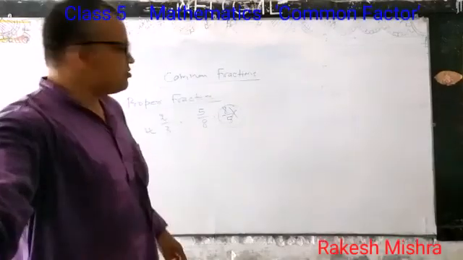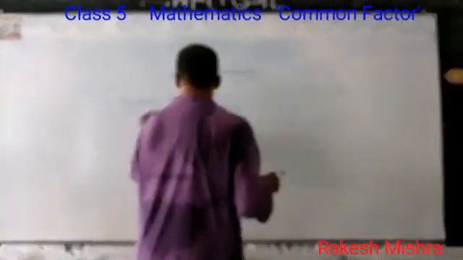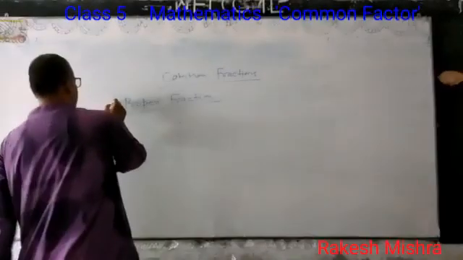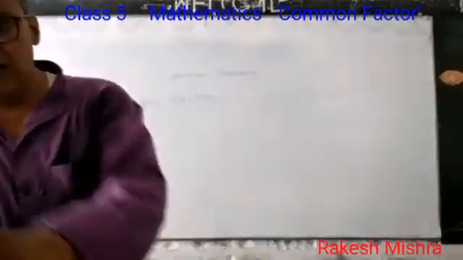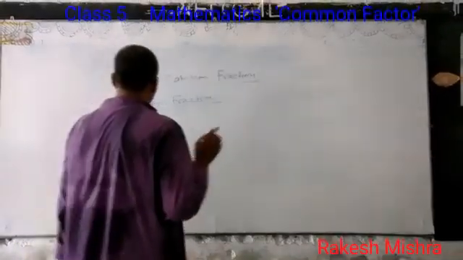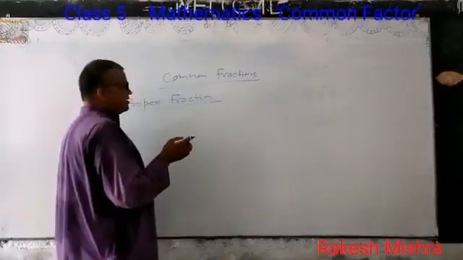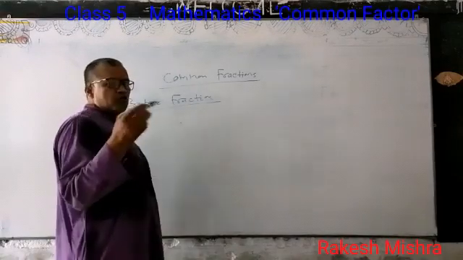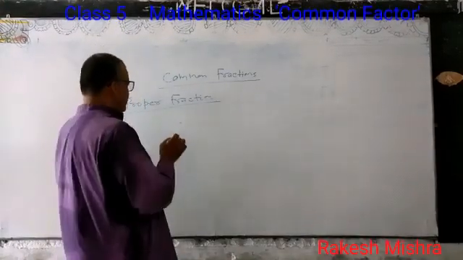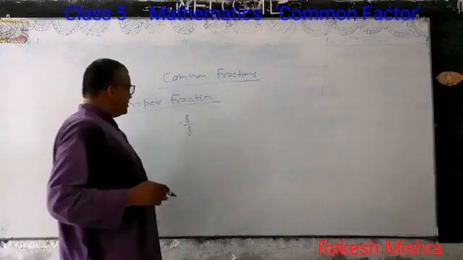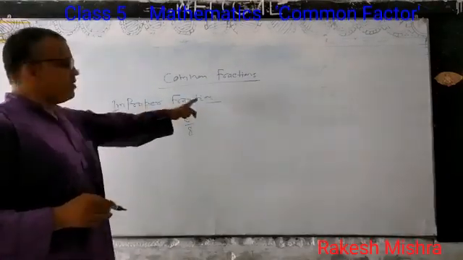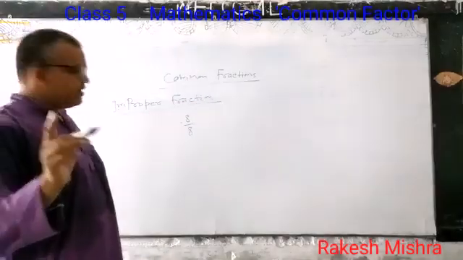Now we will know about improper fraction. What is improper fraction? Improper fraction has numerator greater or equal to denominator. It means 8 by 8. Is this fraction called improper fraction? Yes. Why?